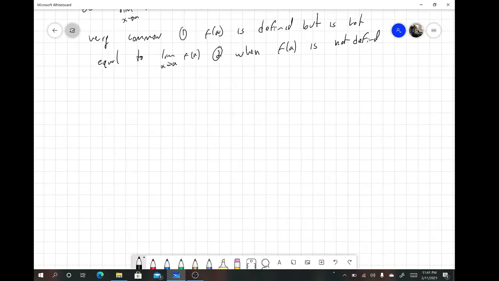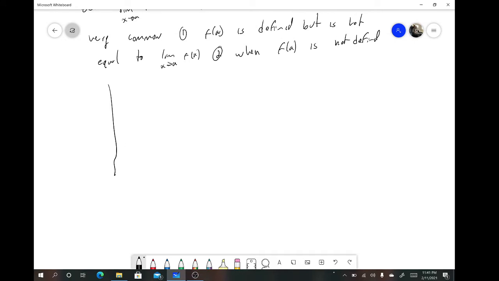Alright, so let's try to illustrate this. Let's try to get an idea of how this looks. Okay, so we have something like this. Let's say it's the x-axis, this is the y-axis, we have the origin here.